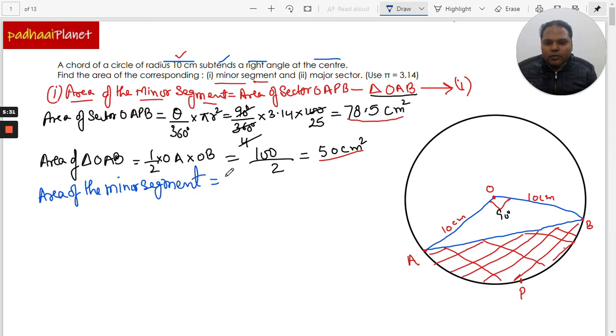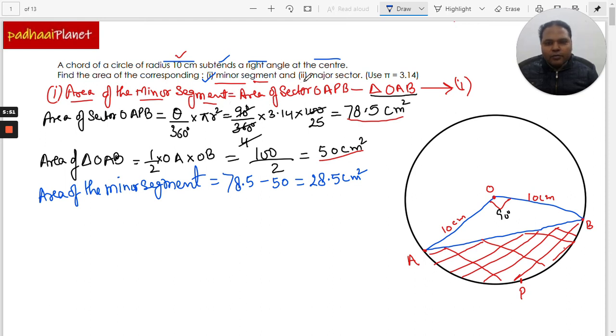That's equal to 78.5 minus 50, and that's equal to 28.5 square centimeter, right? So this is how we have solved this particular part of the question.